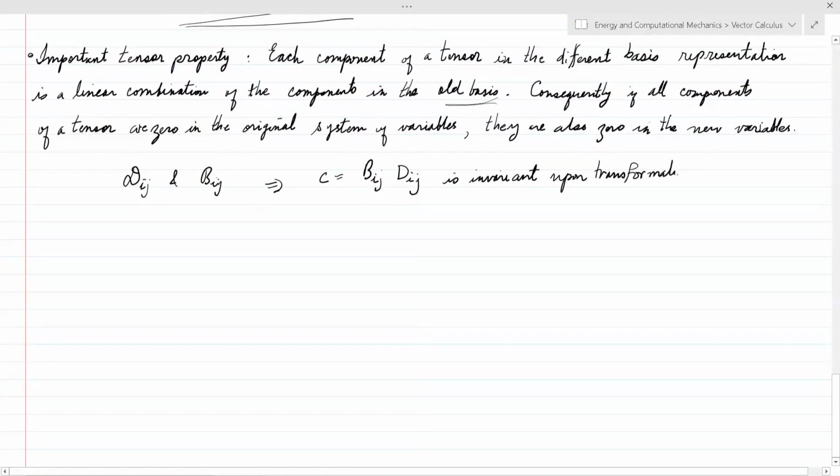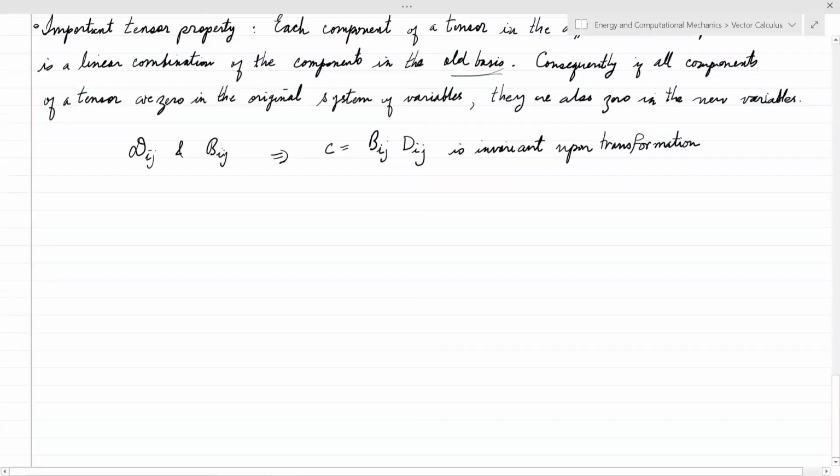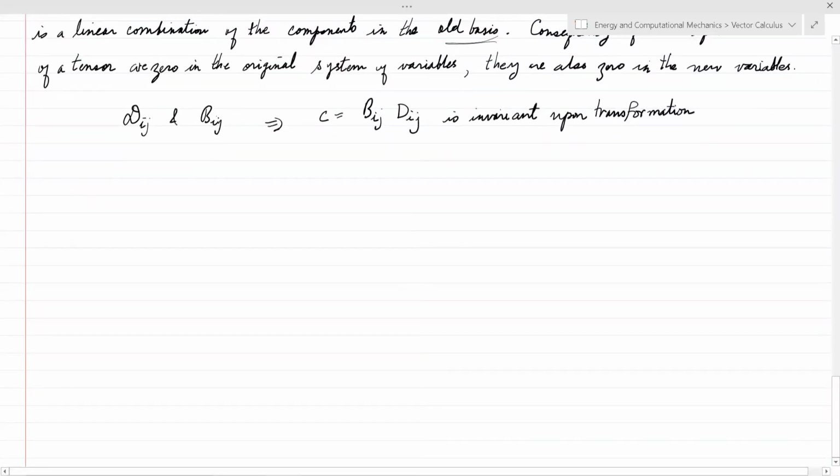A scalar quantity should not transform, like temperature should not transform when you do a coordinate transformation. That's what that means.